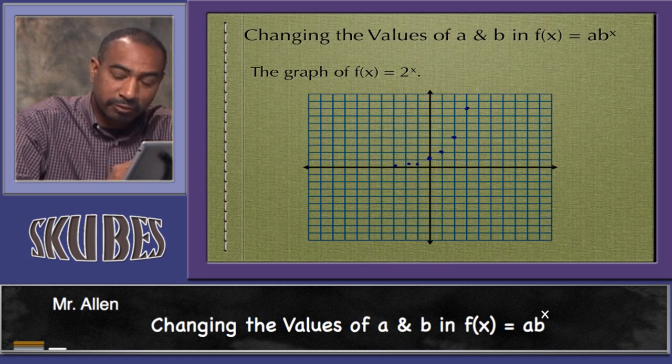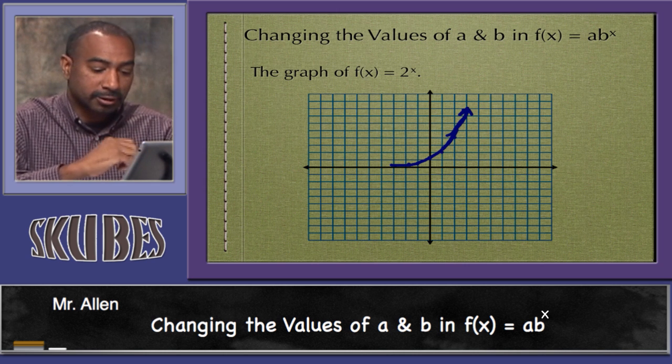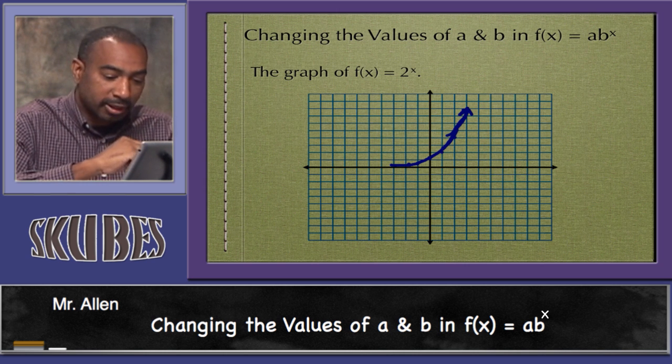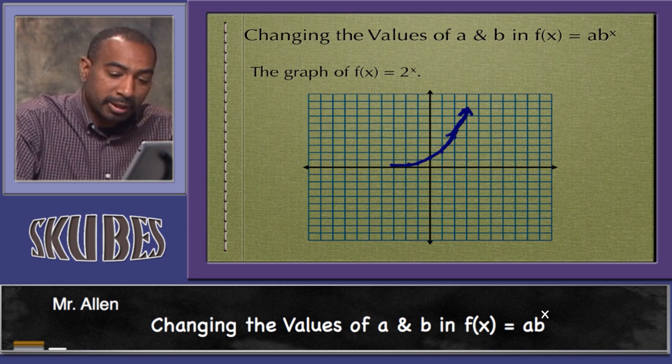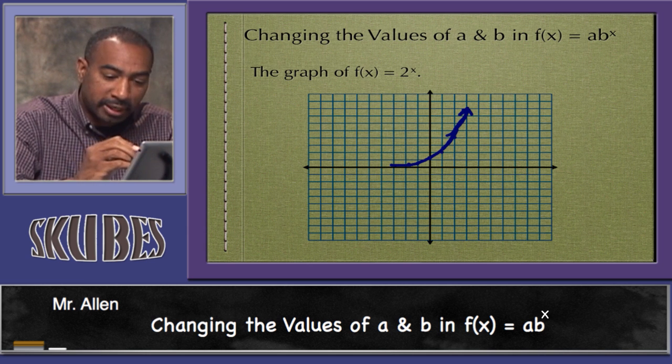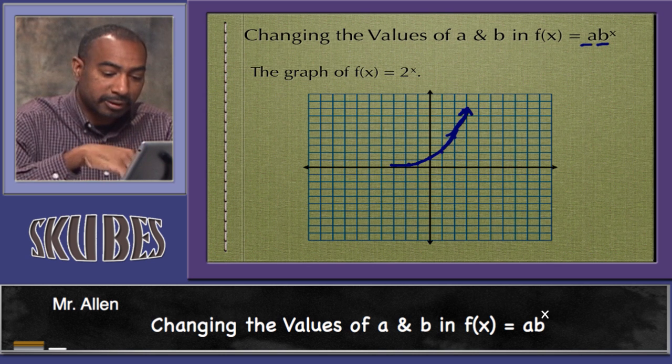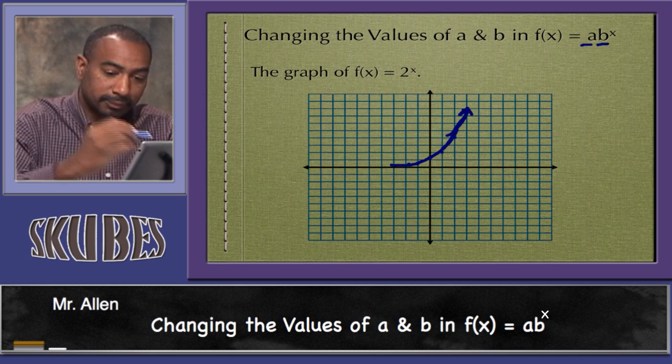This is 0.125, 0.25. So we don't quite touch that. It goes up and then increases like that. So this is f of x equals 2 to the x power. But what we're going to do is compare when we change the value of a and b and see how the graph changes.